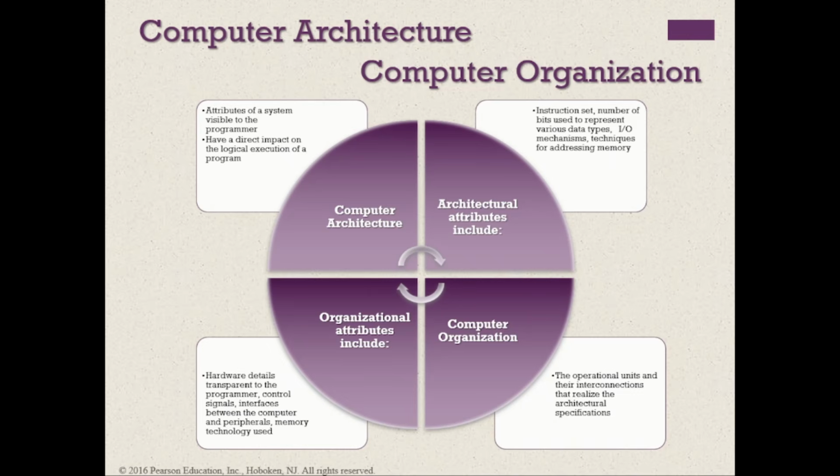To further understand the relationship between computer architecture and organization, for example, it is an architectural design issue whether a computer will have a multiply instruction, since the multiply instruction is a type of instruction set. It is, on the other hand, an organizational issue whether that instruction will be implemented by a special multiply unit or by a mechanism that makes repeated use of the add unit of the system.